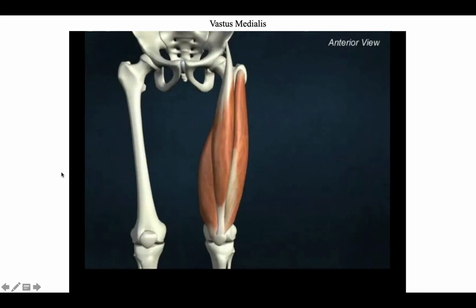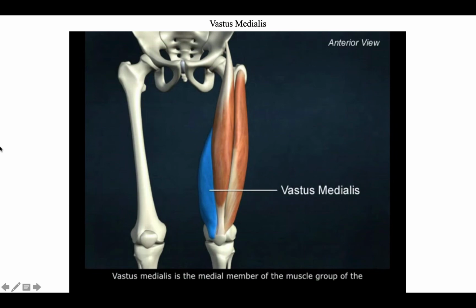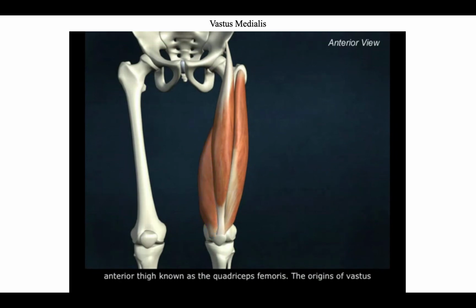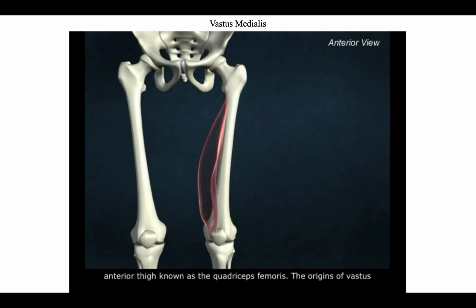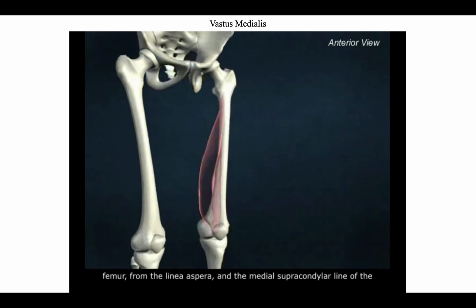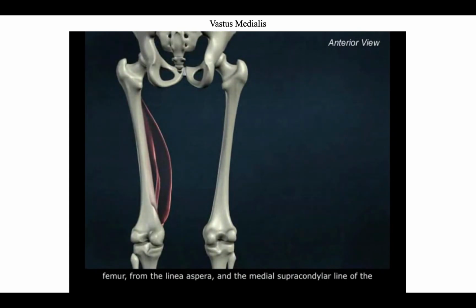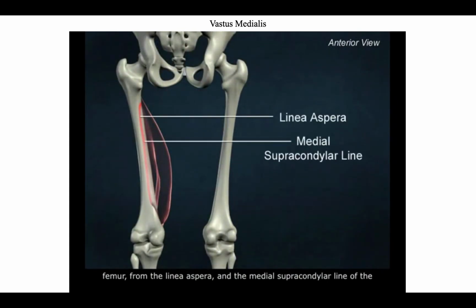All right, vastus medialis. Vastus medialis is the medial member of the muscle group of the anterior thigh known as the quadriceps femoris. The origins are from the intertrochanteric line of the anterior-medial femur, from the linea aspera, and the medial supracondylar line of the posterior femur.